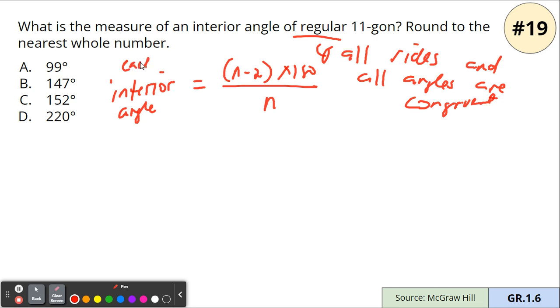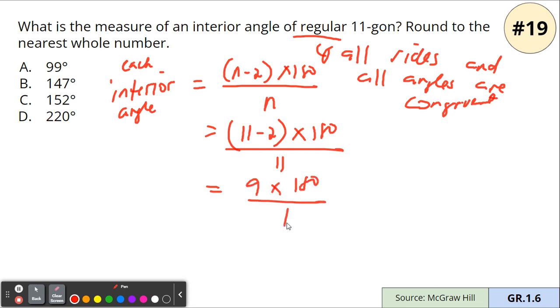So for this one, since we have an 11-gon, 11 minus 2 times 180 over 11. So 11 minus 2 is 9, times 180 over 11. 9 times 180 will give us 1,620, divided by 11. That is 147.27.